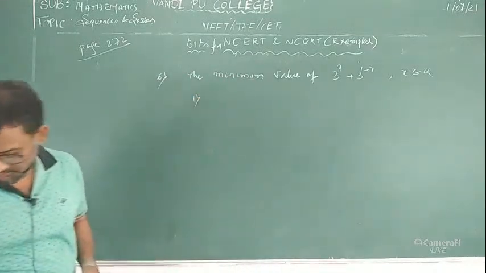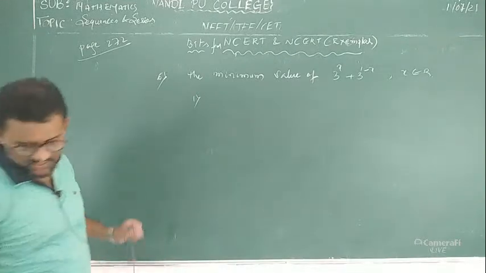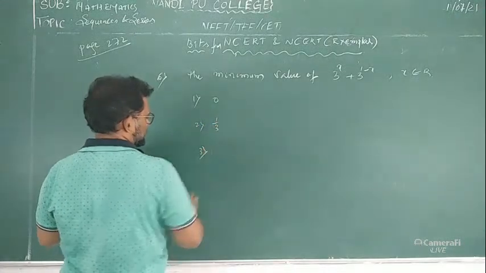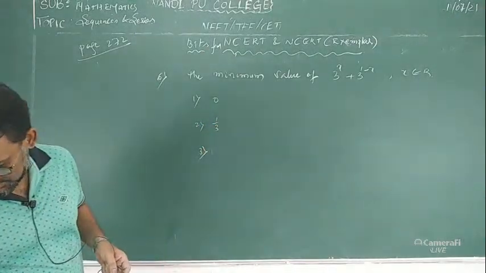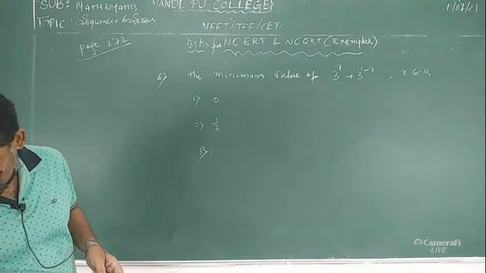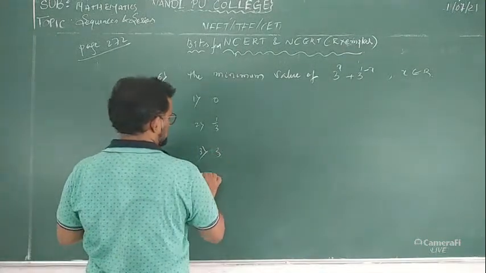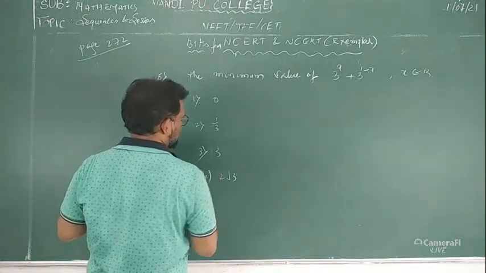First one 0, third one 3, fourth one 2 root 3.